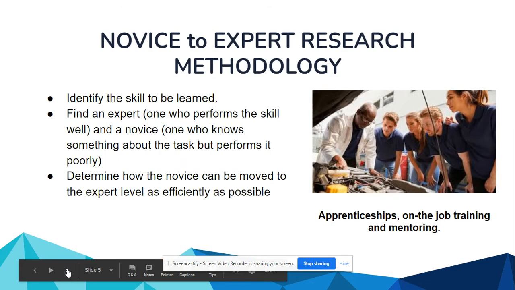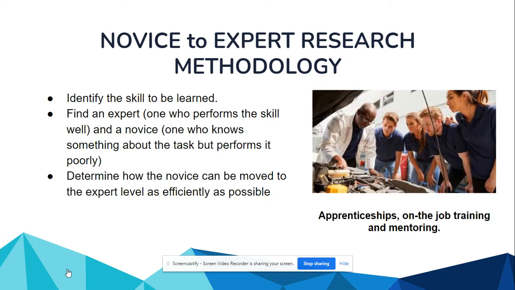Moving on to the idea of novice to expert research methodology. With the growth of cognitive and constructivist views of learning, researchers have become interested in students' beliefs and thought processes during learning. To investigate academic learning, many researchers have used a novice to expert methodology, with the following steps.